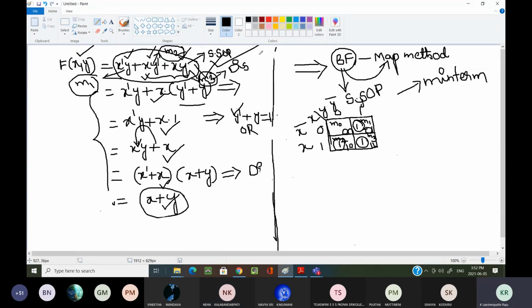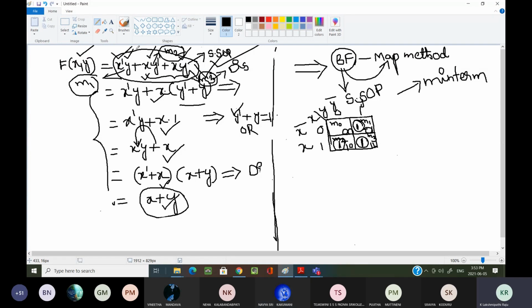Why am I filling this cell with 1? Those who are not understanding my question, how am I getting this expression? Randomly I have taken this expression.